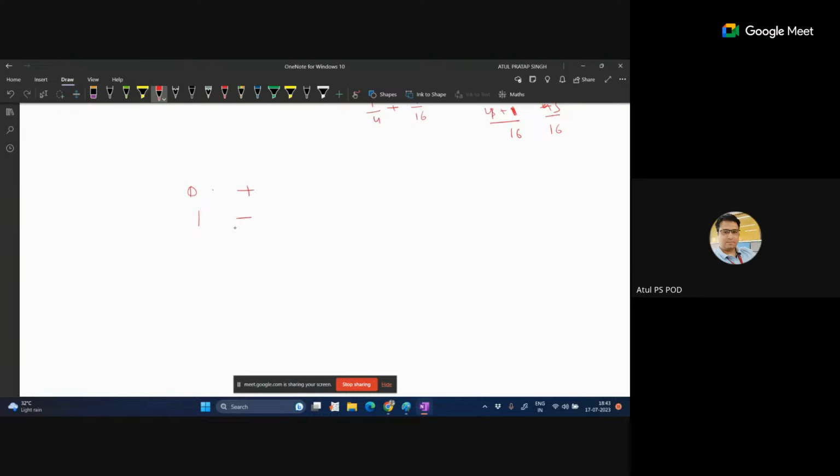So our range will start from 0. If we have 9 bits for the value representation, what will be the last value we can take on the positive side? We can take 2 to the power 9 minus 1.